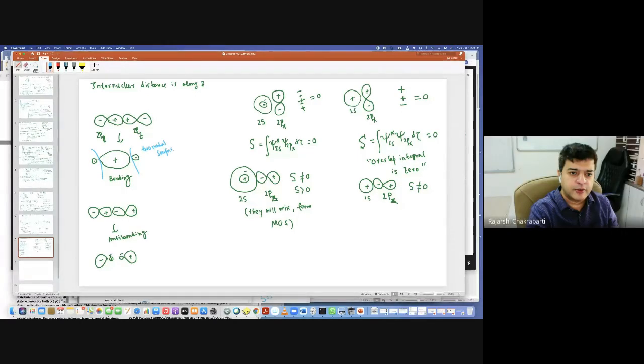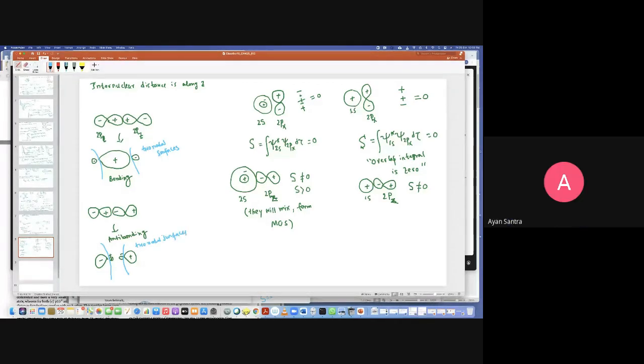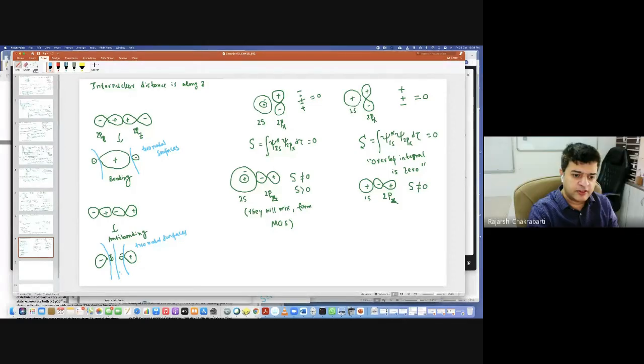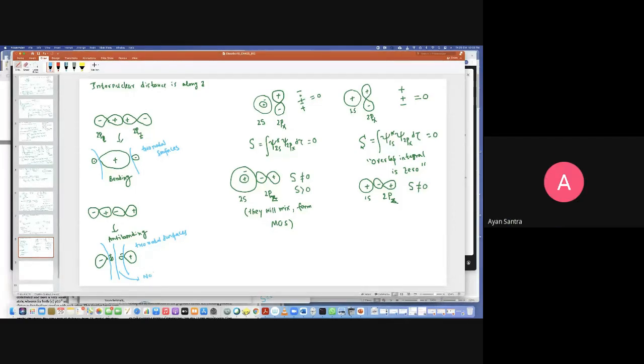What about anti-bonding? You have these two nodal surfaces, no? What else? Another one is there, you also have this nodal plane. So how many nodes are there? Three nodes.